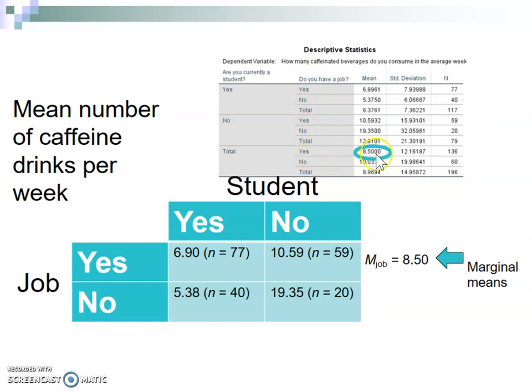So this is where our mean is for the people who have a job. And then right below it is going to be your marginal mean for people who don't have a job. So that would be for all the people who said, no, I don't have a job, that's their mean. So there's the marginal mean for not having a job.